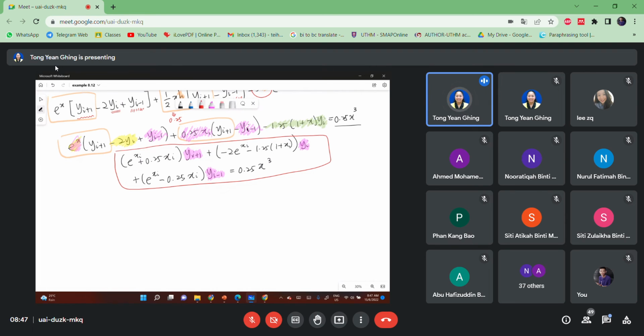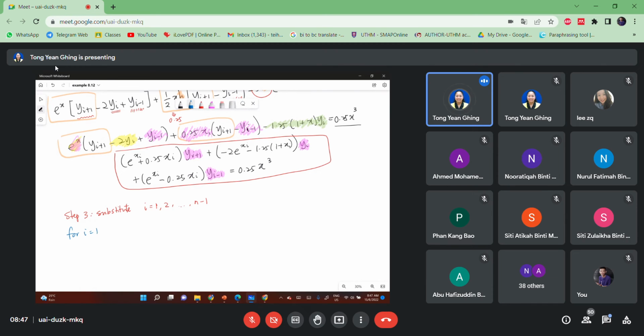Now the next step, step 3, we have to substitute i equal to 1 until n minus 1. So this one, we have x0, x1, x2, x3, x4, right? So that means we have to substitute 1, 2, and then 4 minus 1 means 3. 1, 2, 3.